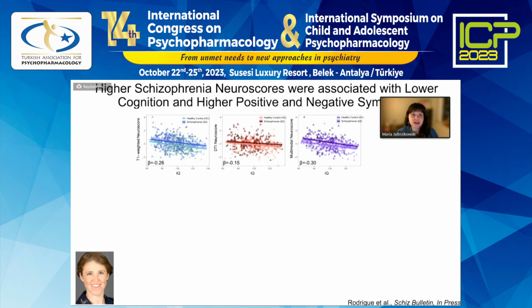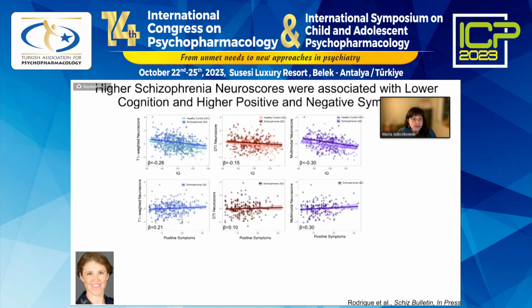And we found this not only in schizophrenia individuals, but in healthy controls, which is important for understanding that this score may not just relate to schizophrenia, but also to individual differences in behaviors. Then for the T1 and the multimodal score, but not the DTI score, higher positive symptom severity was associated with a greater score.